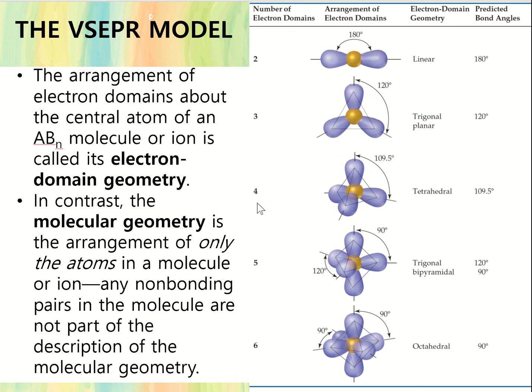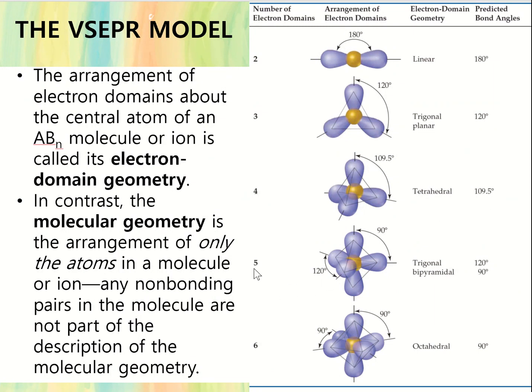And if the number of electron domains is 4, the electron domain geometry is tetrahedral and the angle, as we saw, is 109.5 degrees.